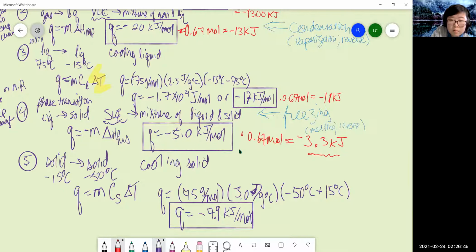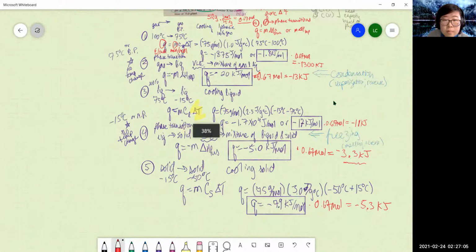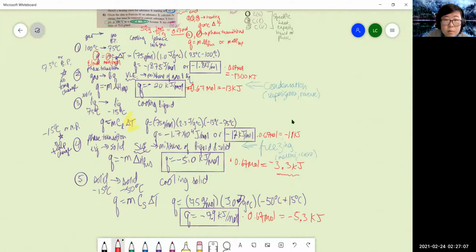And then once you have this, you can once again times 0.67 for this arbitrary problem. And then you get negative 5.3 with the correct sig figs, because all of them were 2. So then that's it for this problem. And that's how you would solve it.